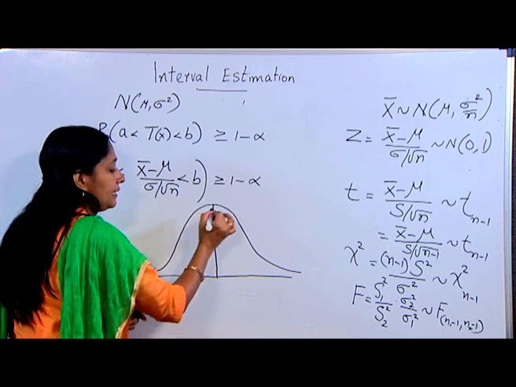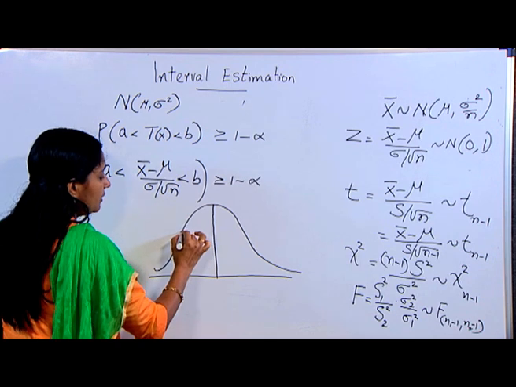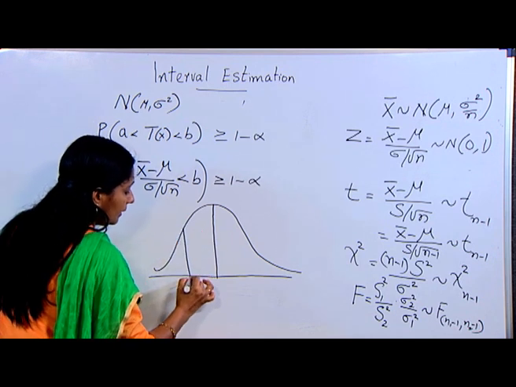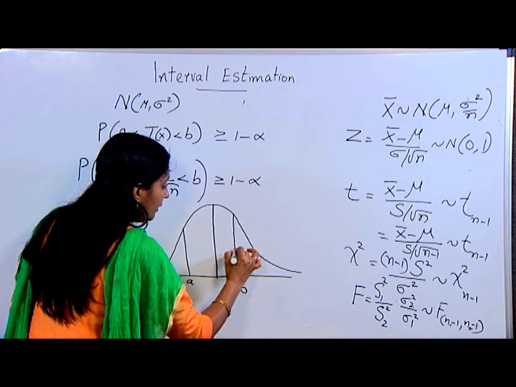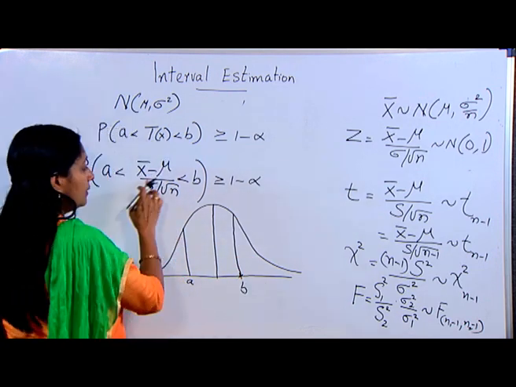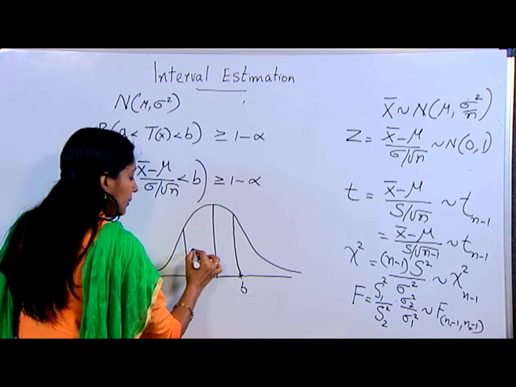When you look at the standard normal table, if you take a as this point and b as this point, the probability of a less than Z less than b is equal to 1 minus alpha.